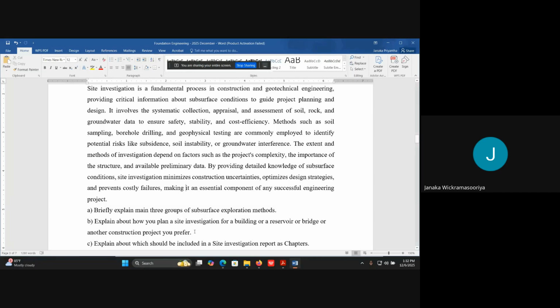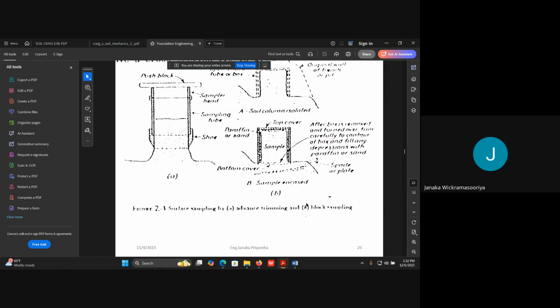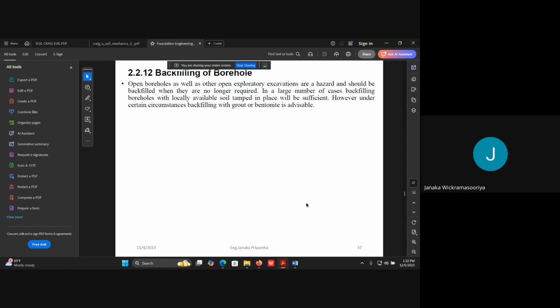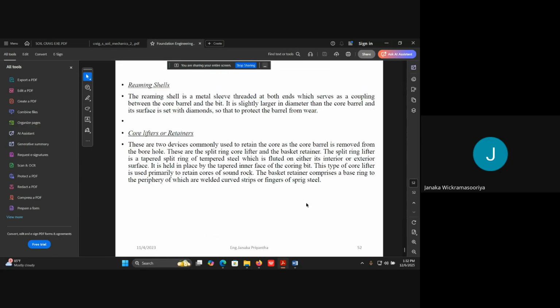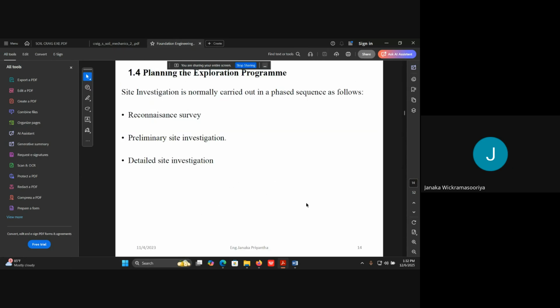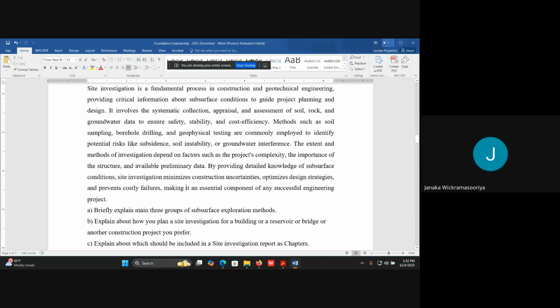Right. Then explain what should be included in the site report. So in a report, what should be included? First there should be an introduction, and then we have to mention.